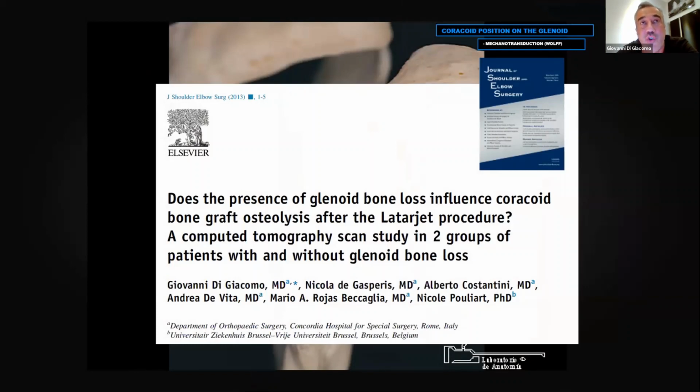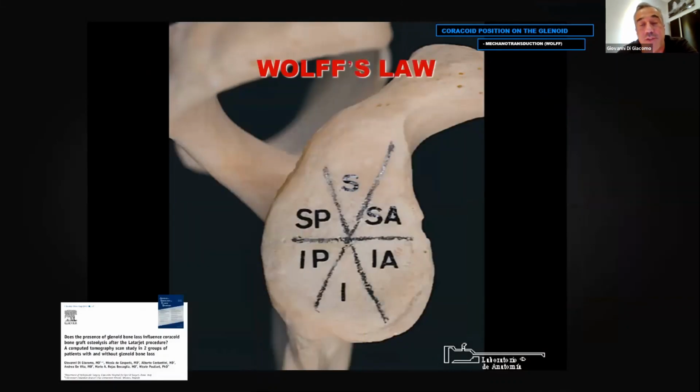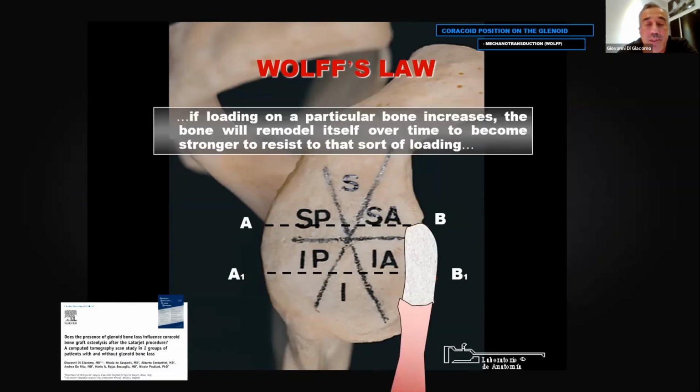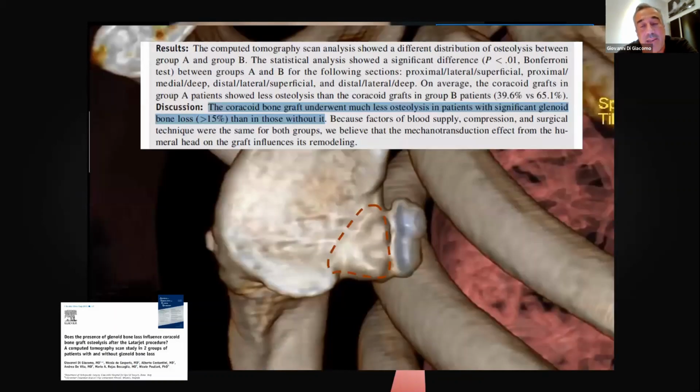It means that you chose a patient with no huge glenoid bone loss, but with a minimal glenoid bone loss, where the Wolff law doesn't work because you don't need the bone if you have a minimal glenoid bone loss. But we are lucky because for some reason the effect of the Latarjet is not only the bone, but the sling effect. I mean the conjoint tendon and the most inferior part of the subscapularis tendon.